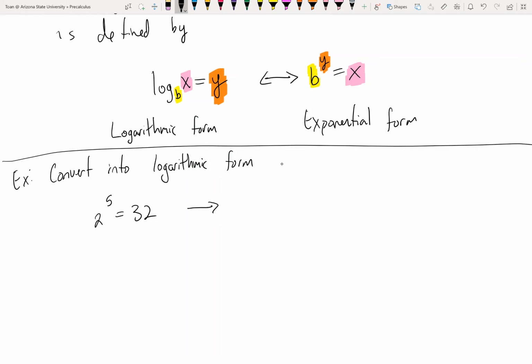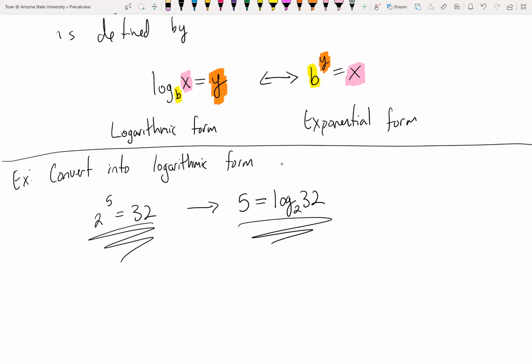A log focuses on the exponent. So what's the exponent in this expression? Well, it's 5. So 5 is the exponent on the base of 2 that gives you an answer of 32. This is the logarithmic form of that.